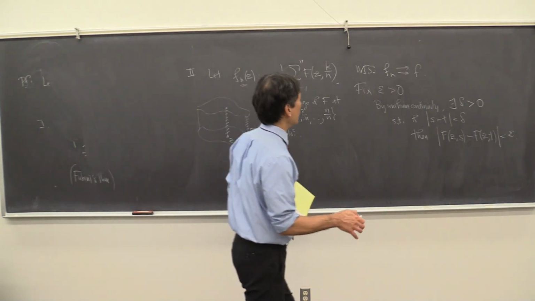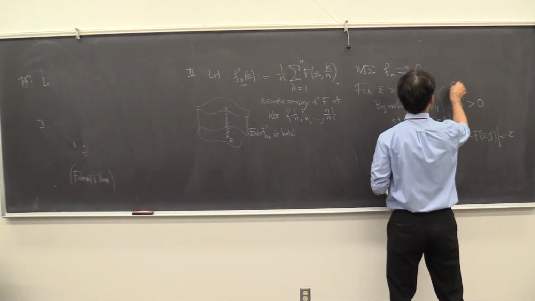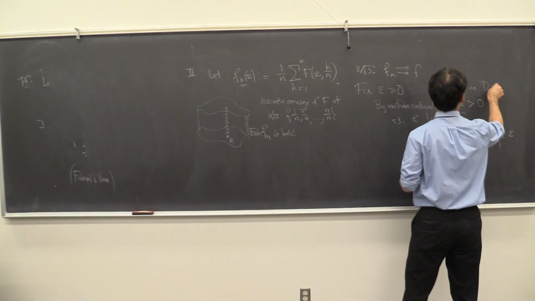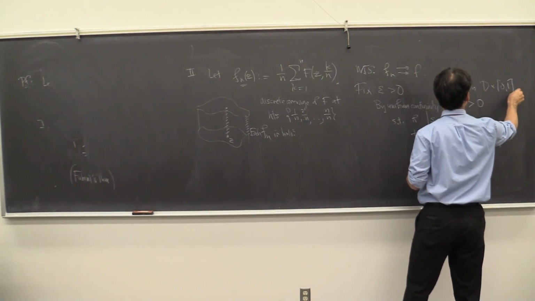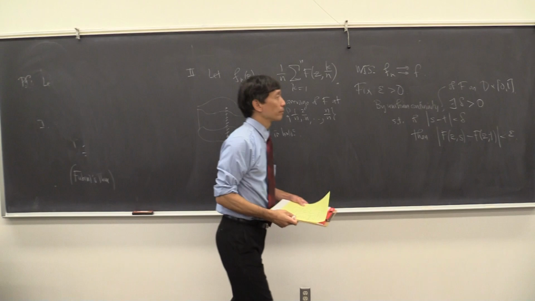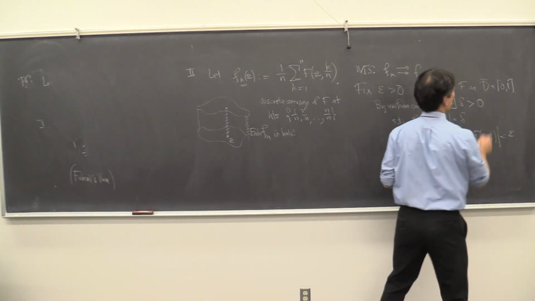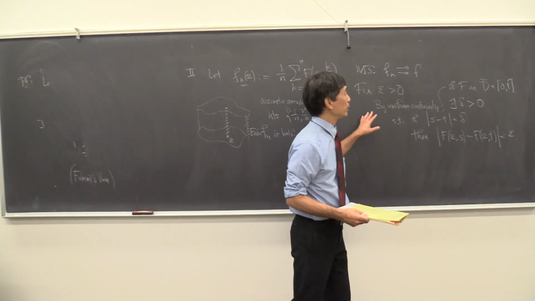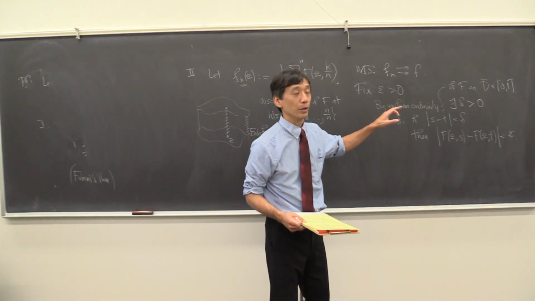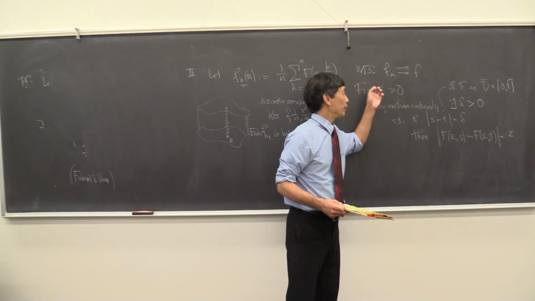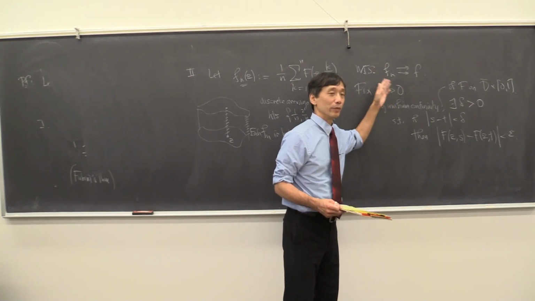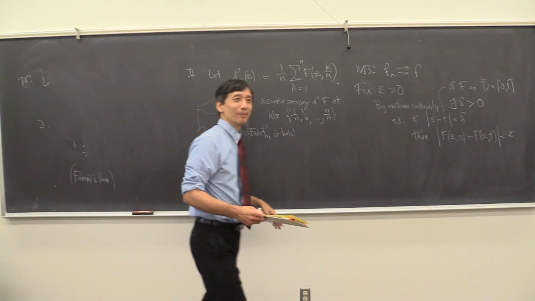Right, because we have uniform continuity of f on the disk cross 0, 1. We can take the closed disk cross 0, 1, that's compact. So we've got a continuous function on a compact set, so we've got uniform continuity.